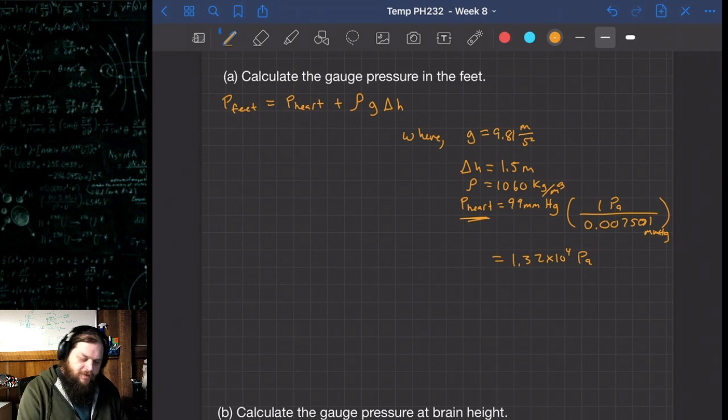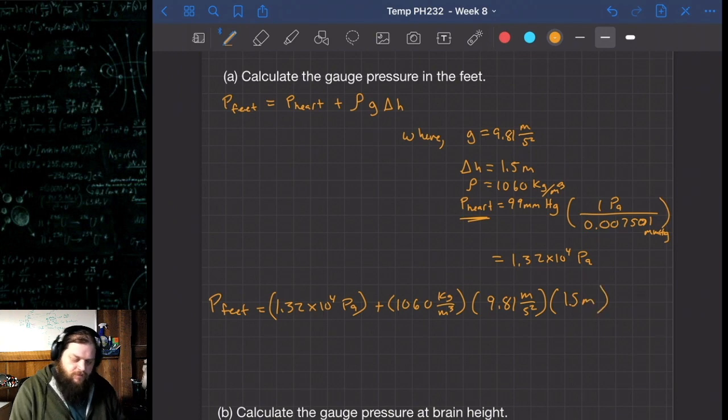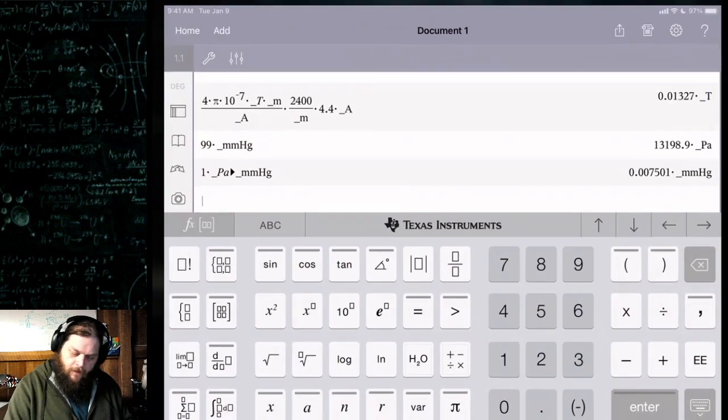So we want to find the pressure at the feet. The pressure at the feet would equal that pressure, so 1.32 times 10 to the 4th Pascal, plus the density, 1060 kilograms per meter cubed, times 9.81 meters per second squared, times our delta H, which is 1.5 meters. All right.